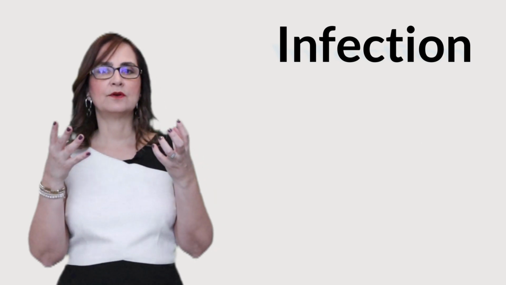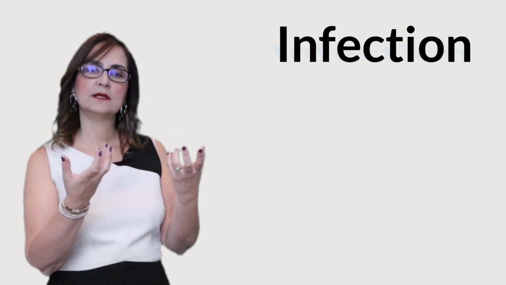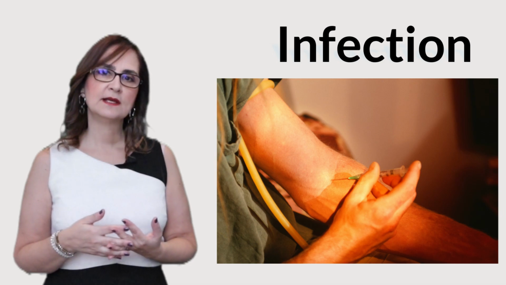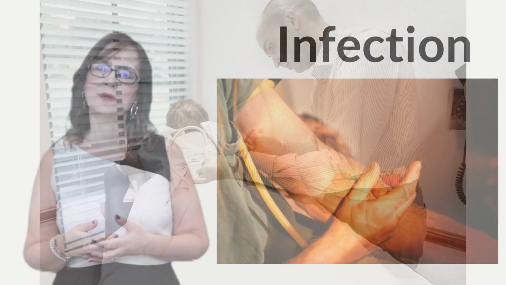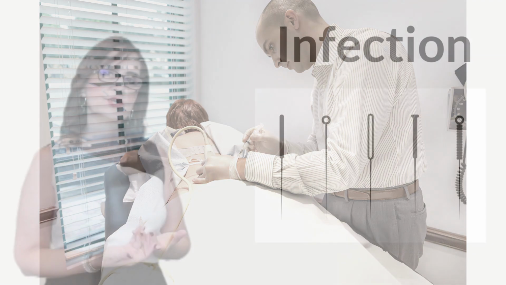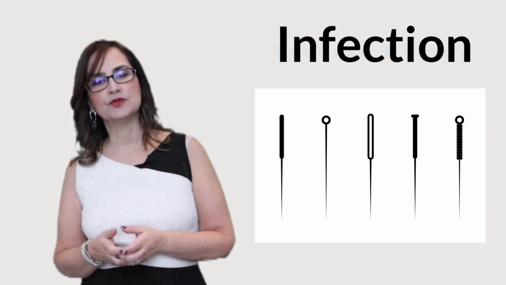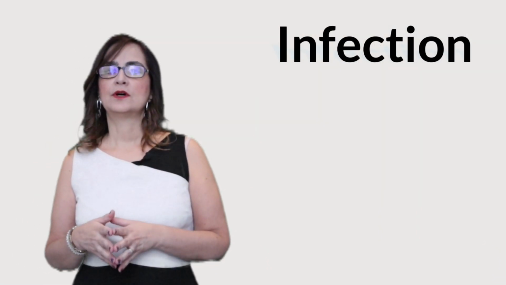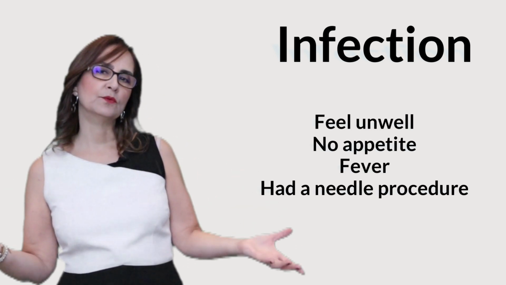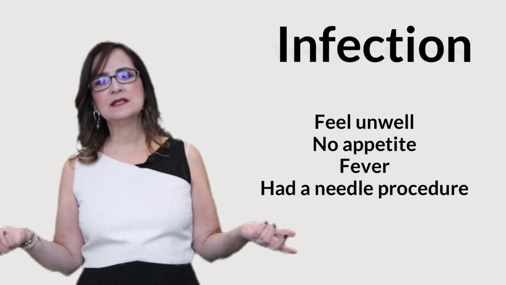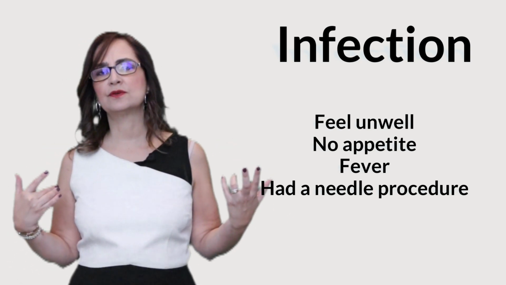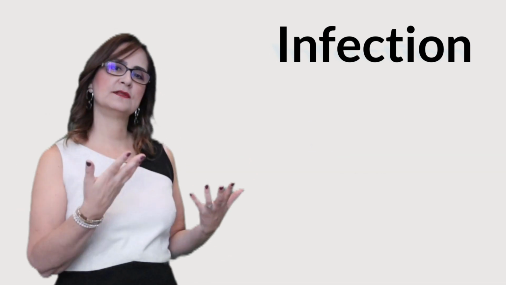These bacteria or fungus get there by the blood, especially in people who use needles to inject drugs and they don't sterilize them well, or by invasive medical procedures like spinal injections, nerve blocks, or even acupuncture needles. The doctor should suspect the person has an infection if they don't feel well, they don't have appetite, they have fever, and had some needle or procedure that could have introduced these germs.